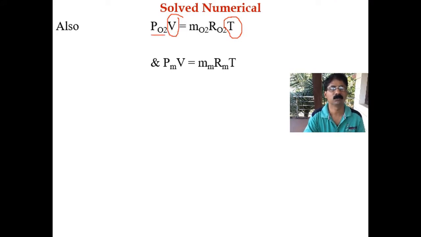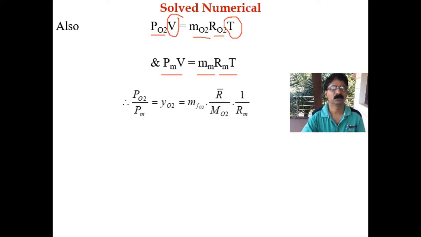The rest is PO2 into V equals mO2 RO2 into T. Similarly, for the mixture, PmV equals mm Rm into T. So PO2 by Pm, partial pressure of oxygen divided by pressure of the mixture, is mole fraction of O2, that is YO2, which is mass fraction of O2 into R bar by molecular weight of O2 into 1 by gas constant of the mixture.